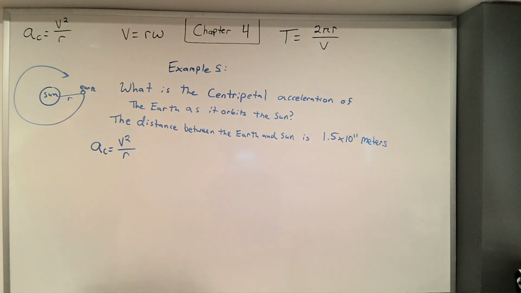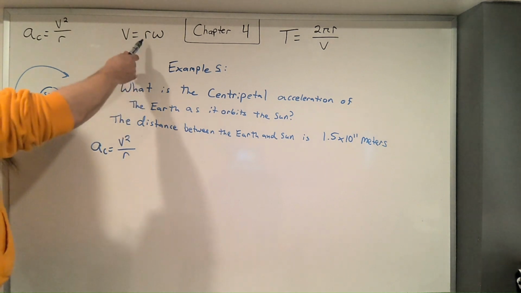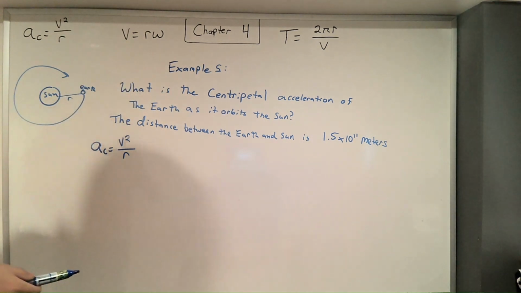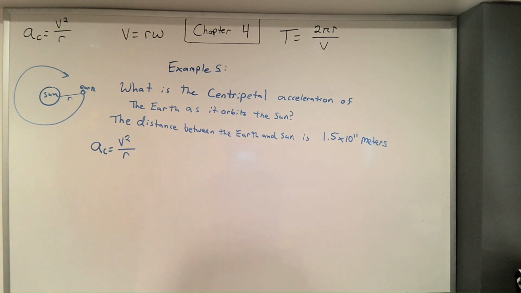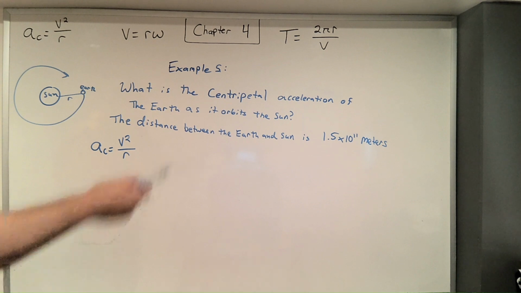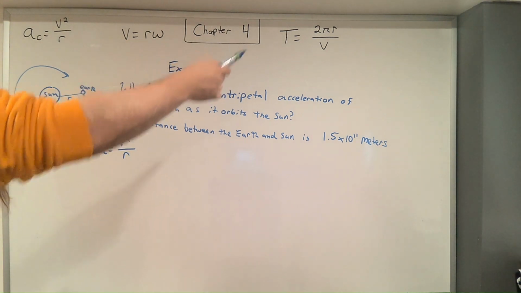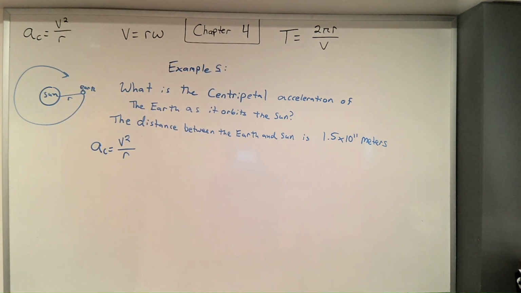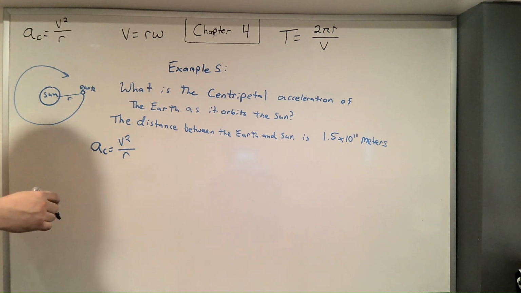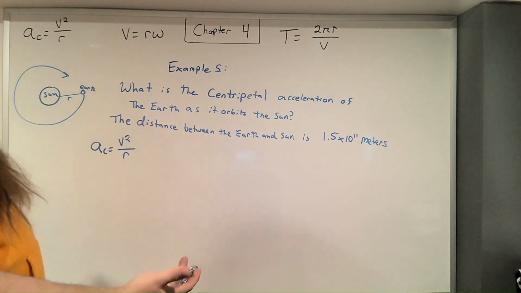Now, v is given in a couple of different terms. The velocity, we have it as r times the angular velocity, but that isn't given either. Otherwise, we do have it as period is equal to 2 pi r over v. There's a v in that, and that incorporates r again.